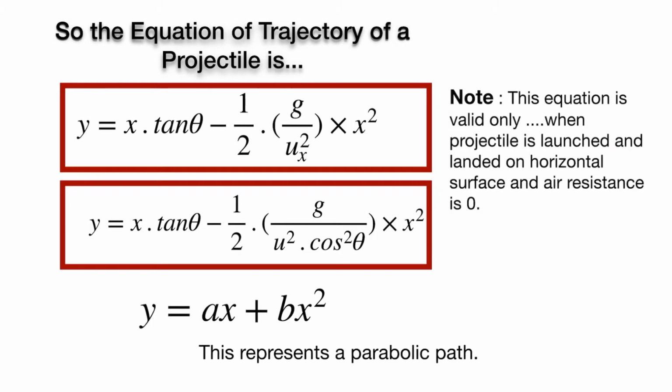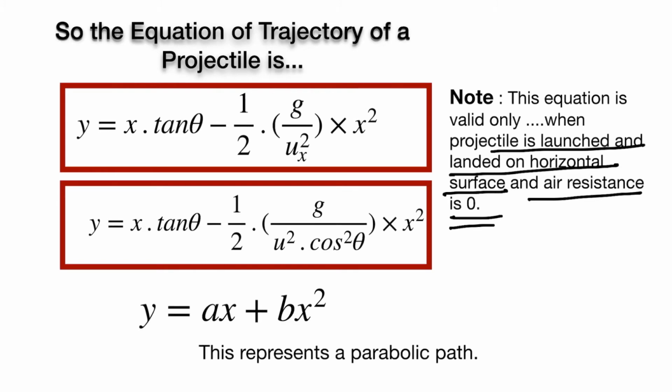Here, the important thing to note is that this equation is valid only when the projectile is launched and landed on a horizontal surface and the air resistance is 0. So basically the projectile motion is only under the influence of gravity. So there is no horizontal acceleration or deceleration.